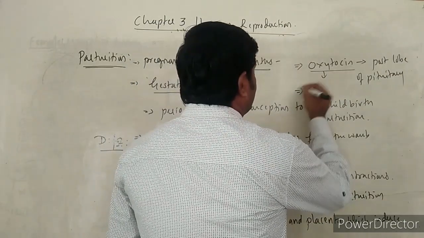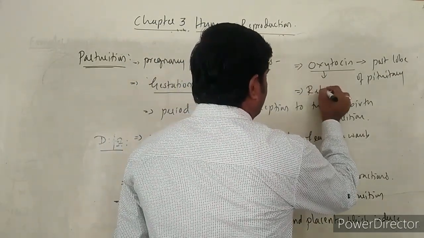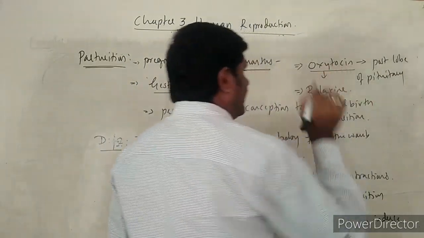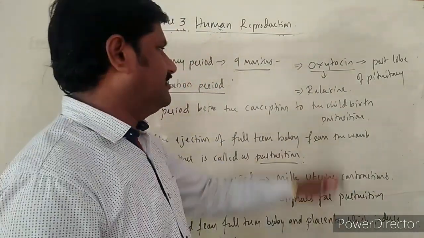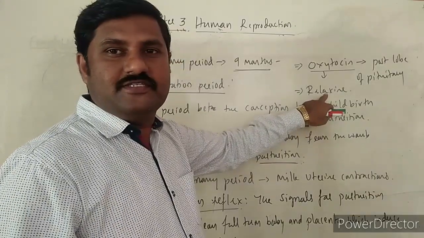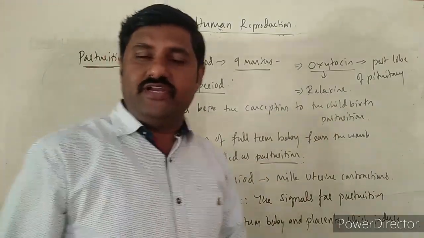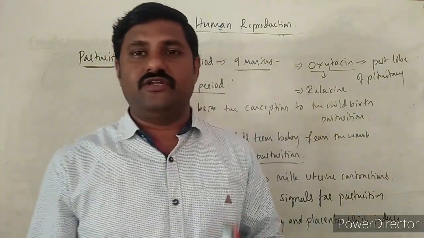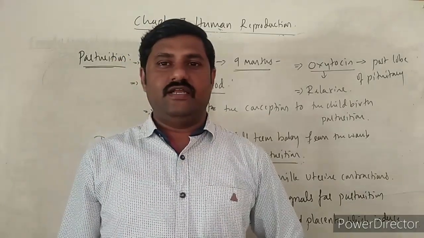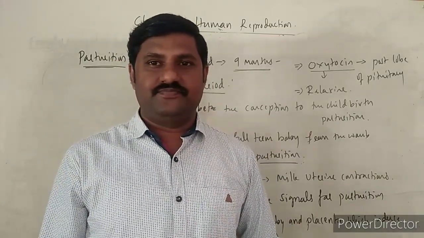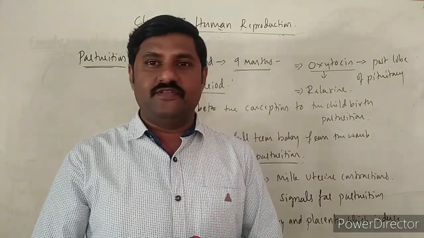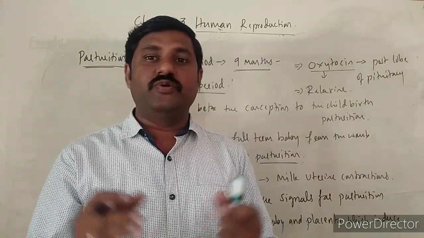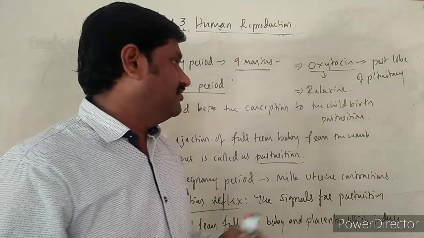Along with this, relaxin is also facilitating the parturition itself. How is it facilitating the parturition, you may ask. See here, it causes the relaxation of the pubic symphysis, we can say, right?